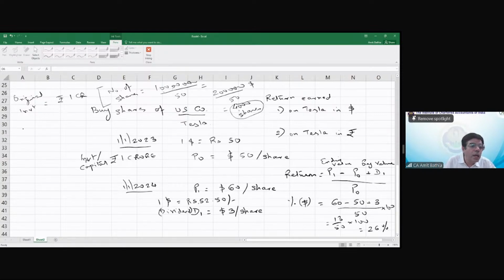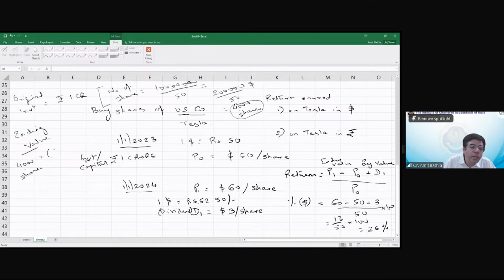Okay. Now during the year I got some dividend also. So what is the ending value for me now? What will my ending value be? I have 4,000 shares into what is the price at the end?